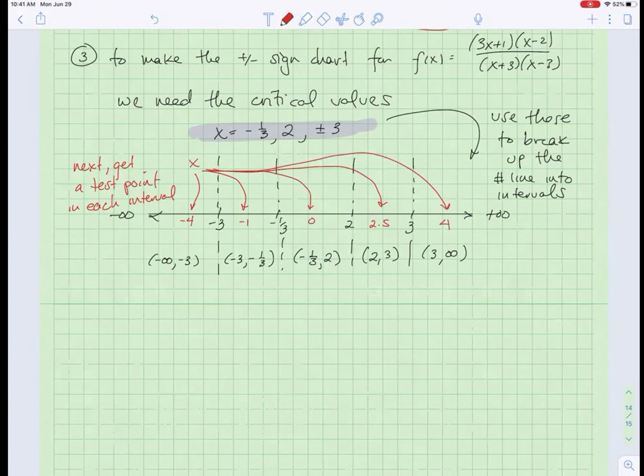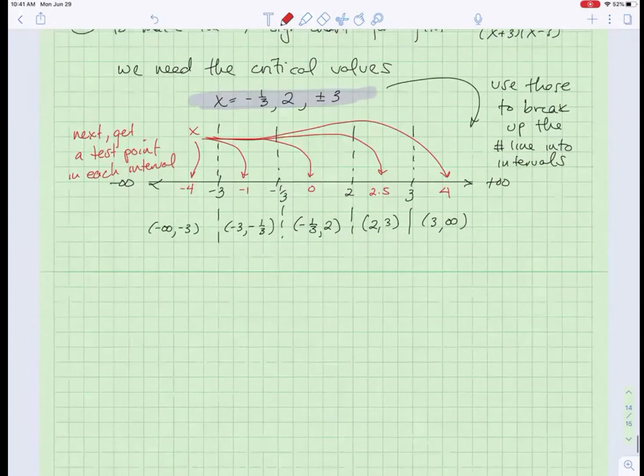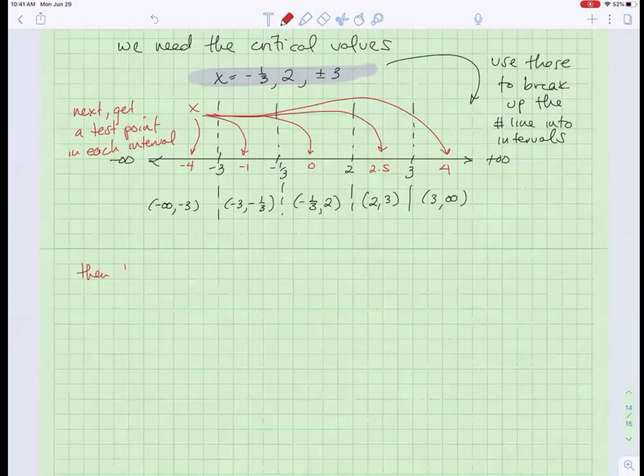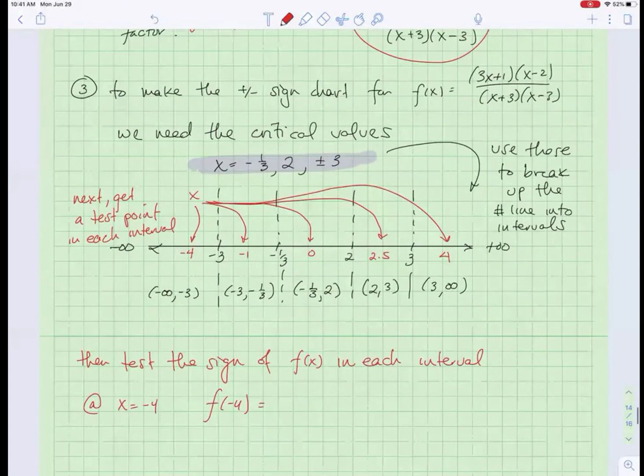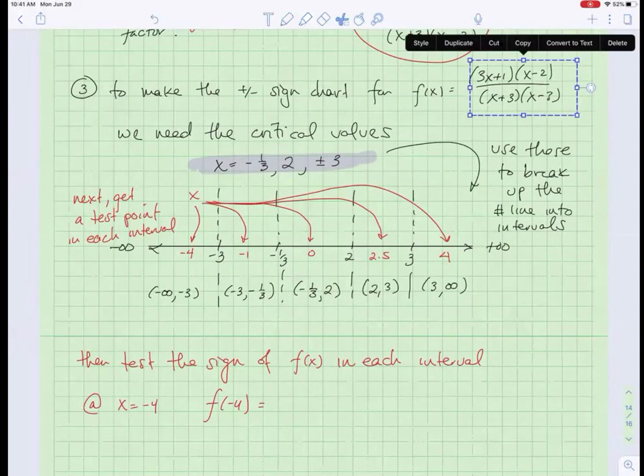Those are test values inside each interval. Then test the sign of f of x in each interval. So at x equals -4, f of -4, if I use this factored form, I'll bring this down here for reference.